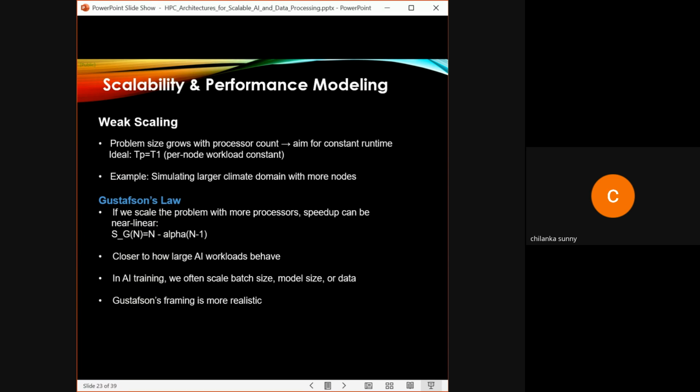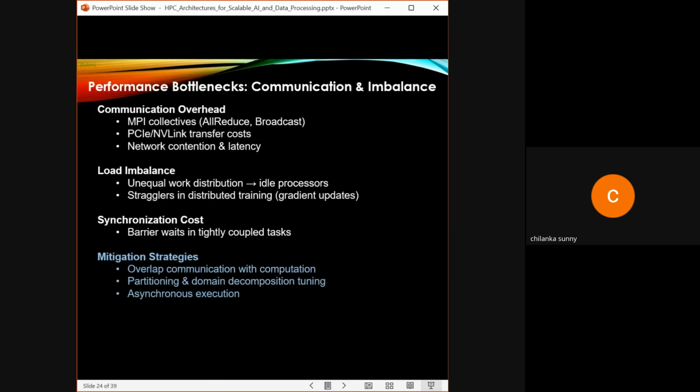Now that we have seen that with weak scaling, we can achieve near linear speedups by adding more nodes, but that works in theory. Let's talk about why the performance often falls short in practice. We do have bottlenecks. As mentioned earlier, one of the biggest reasons is the communication overhead that kicks in as we add more devices.